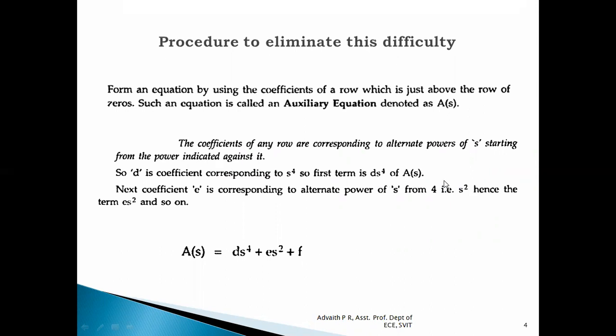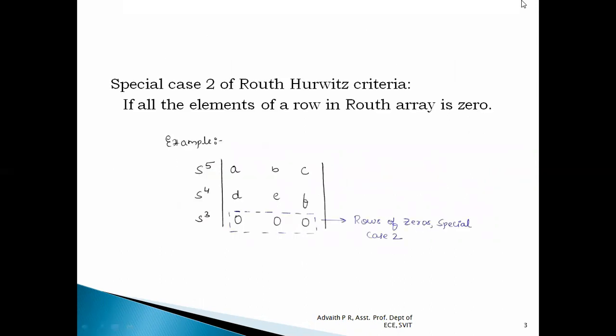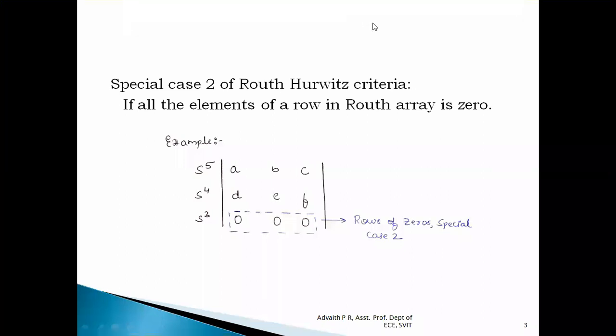If we observe the example we have considered, we can form the auxiliary equation as follows. The first term in our auxiliary equation A of S will be the coefficient at the start, D, and against this D we have S with the power of 4. So the first term will be D s to the power of 4.